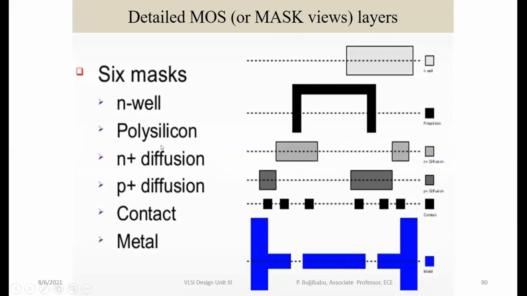Each and every separate mask layer: one layer for preparation of N-well, another for polysilicon, N-diffusion, P-diffusion, contact, metal, everything. This piece of information in terms of these layers is only required during fabrication, and it is extracted from a finalized layout.